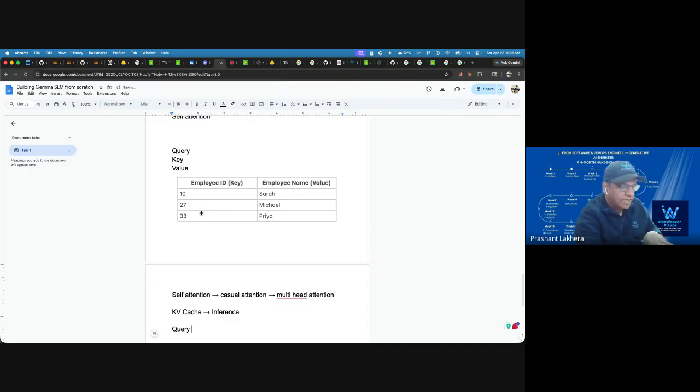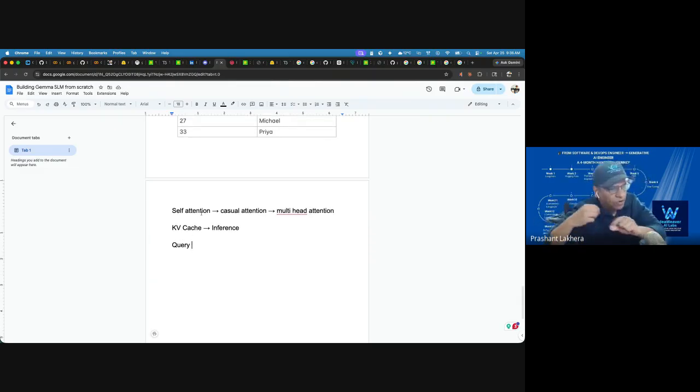But these keys and values, let's say these are 10 million rows, are always static. So rather than recalculating all these things, why can't we cache these keys and values? And that thing is called the key-value cache. So the idea is to cache these keys and values so that we don't need to do the computation again and again. But that leads to one drawback, let me show you.